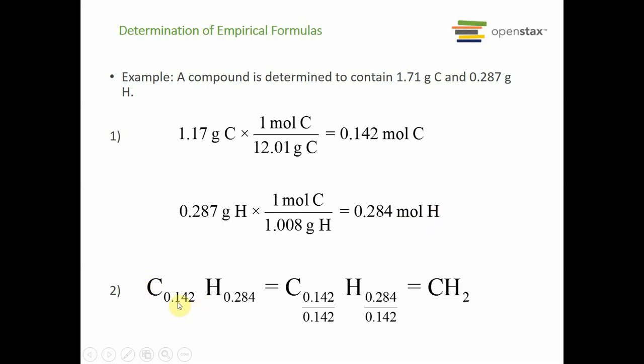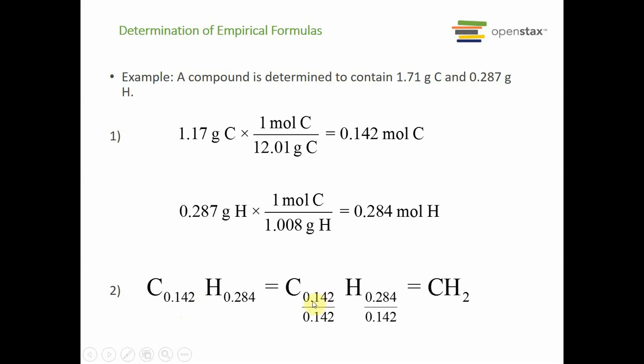So you've got these fractional subscripts in the formula. So we want to clean up this formula, and so we choose the subscript that's the smallest, and we divide both subscripts by that smallest subscript.